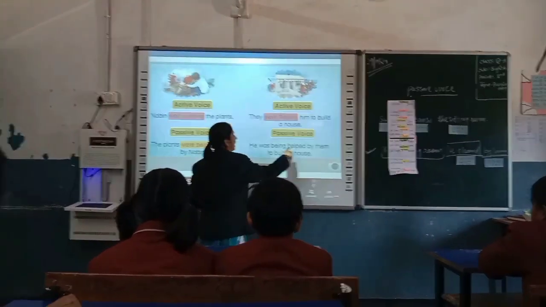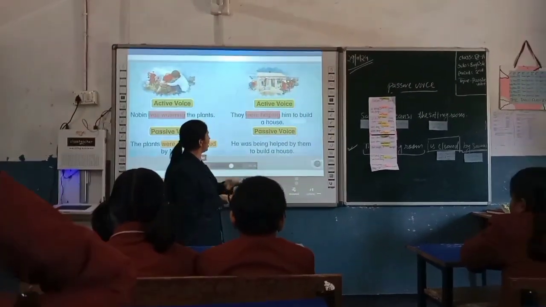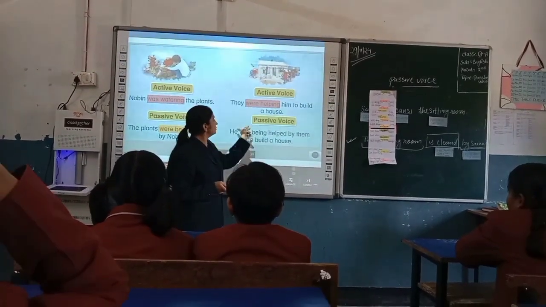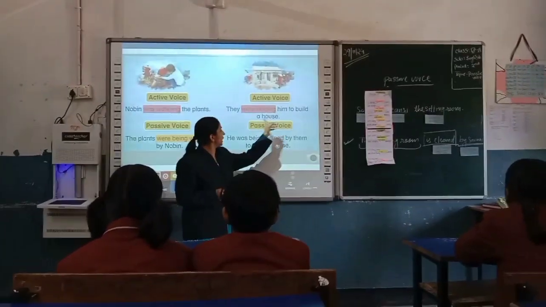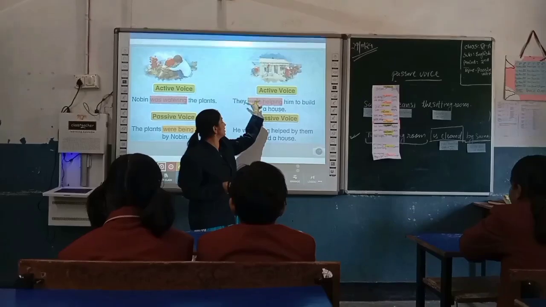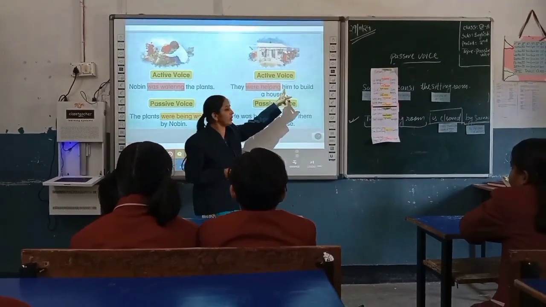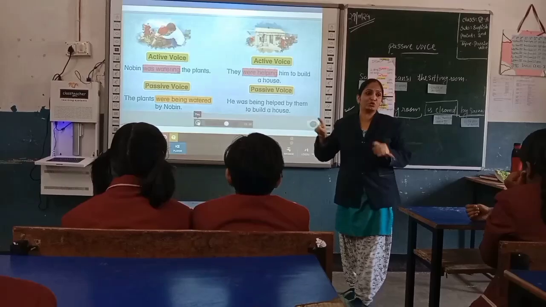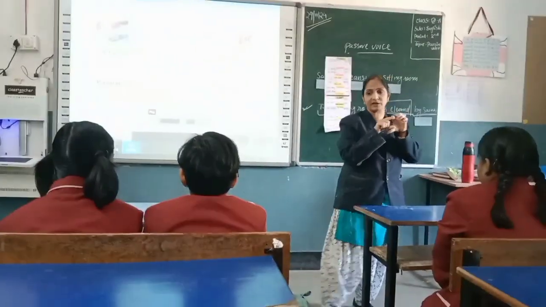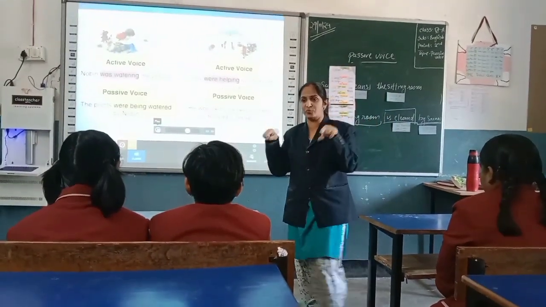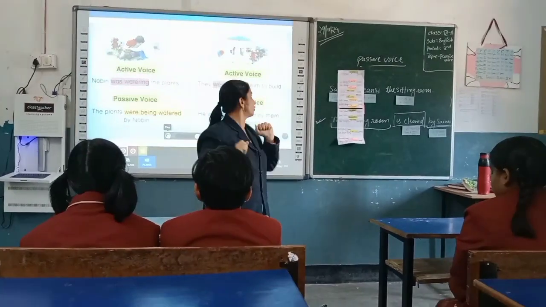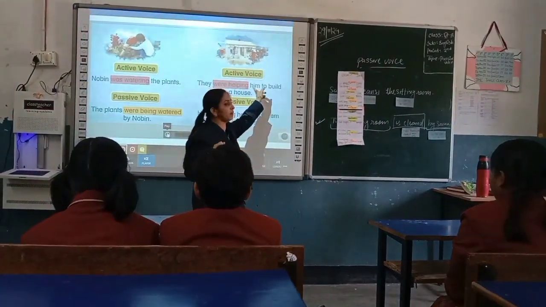He was being helped by them to build a house. He was, because he is our first object. You can see they were helping. So here the object complement is written, to build a house. So sometimes the sentence is too long and the object complement is also written. You find out the primary object. So in this sentence, this him is what?